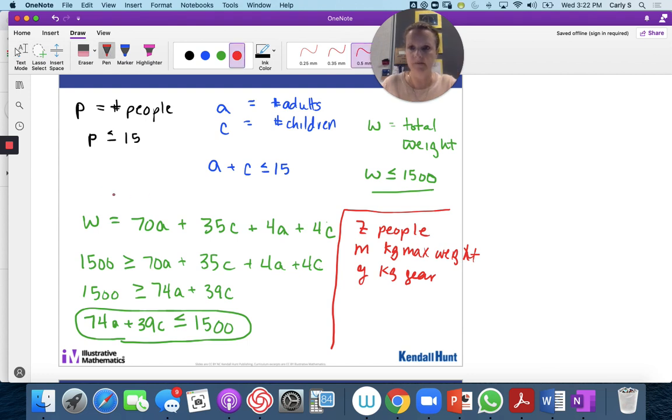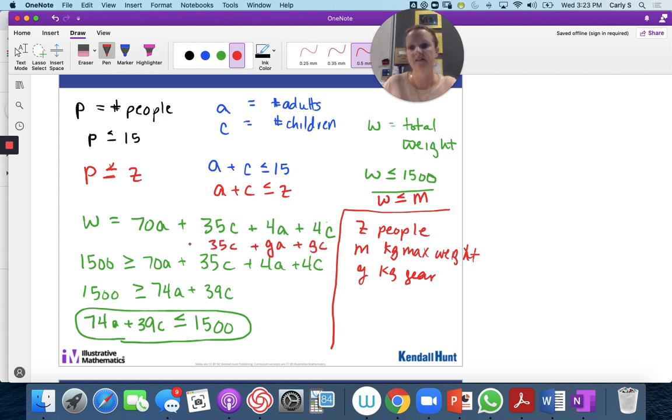So we know here P is less than or equal to Z. Not too bad. And here we have A plus C is less than or equal to Z. And here we have W is less than or equal to M, which means W is equal to 70A plus 35C plus, we're going to say, GA plus GC.